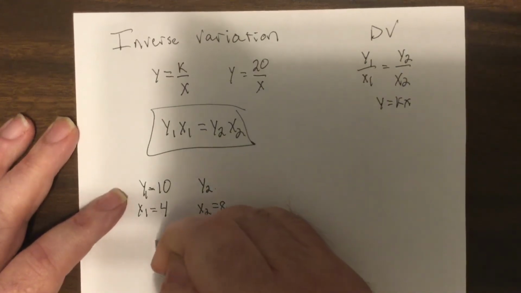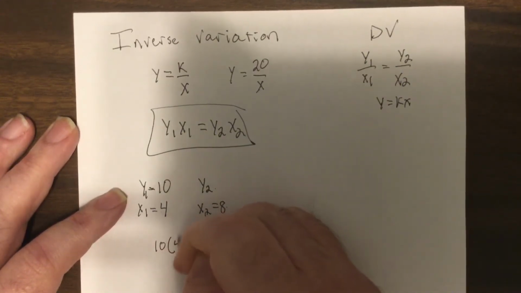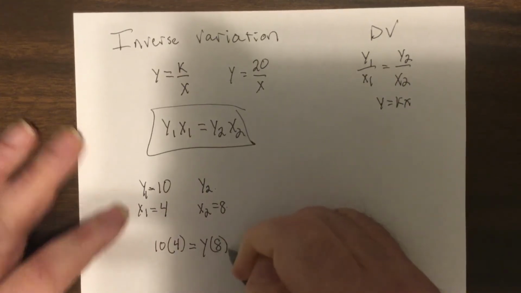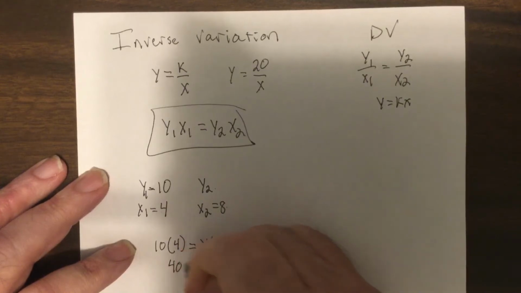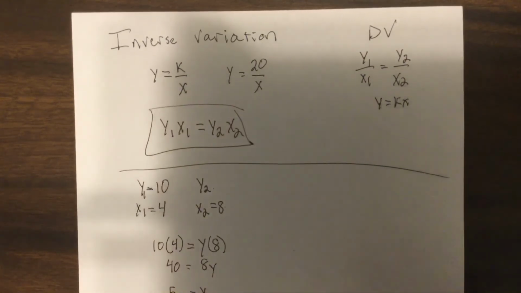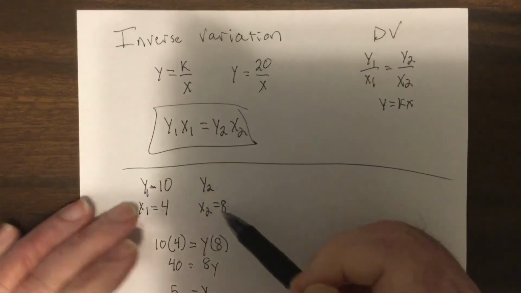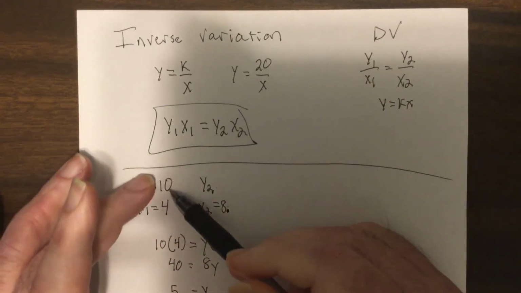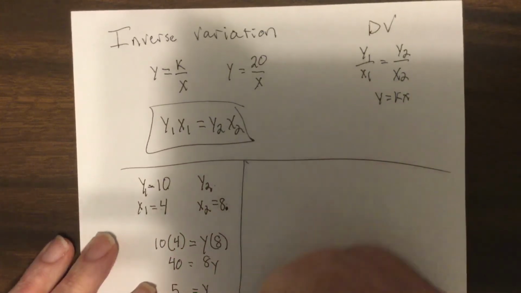So I'd go 10 times 4, x1 times y1, equals y times 8. So 40 equals 8y, so y equals 5. So x got bigger, y got smaller. It went from 10 to 5.